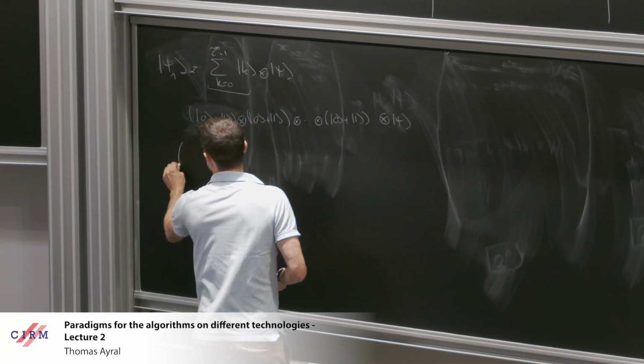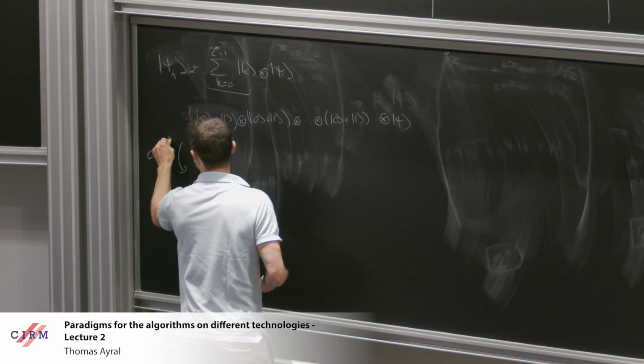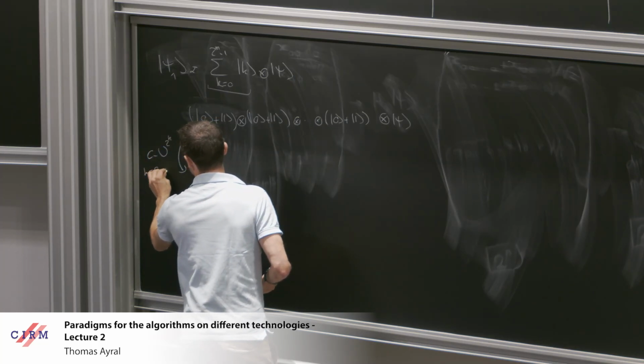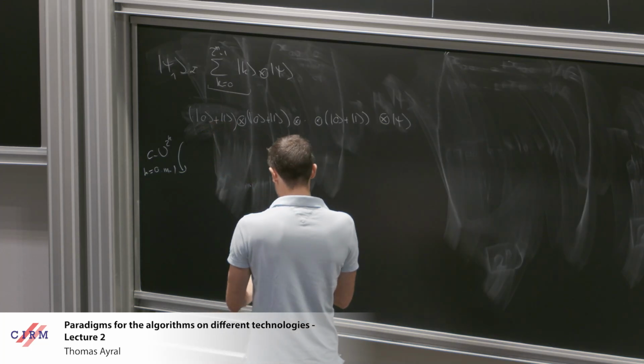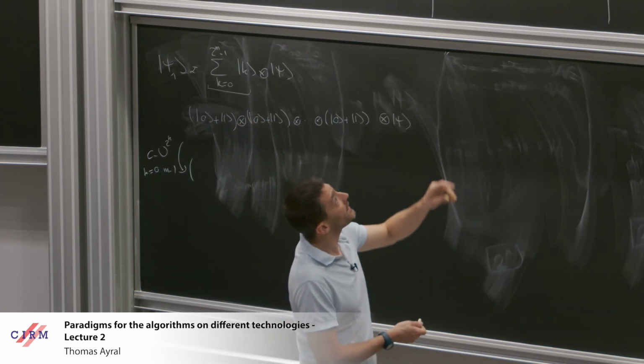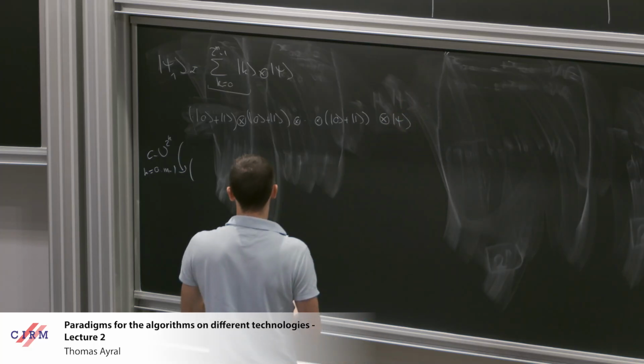And now I want to apply the controlled unitaries, U to the 2^k, for k equals 0 to m minus 1. So let's see what happens. It's exactly what I wrote on the board.